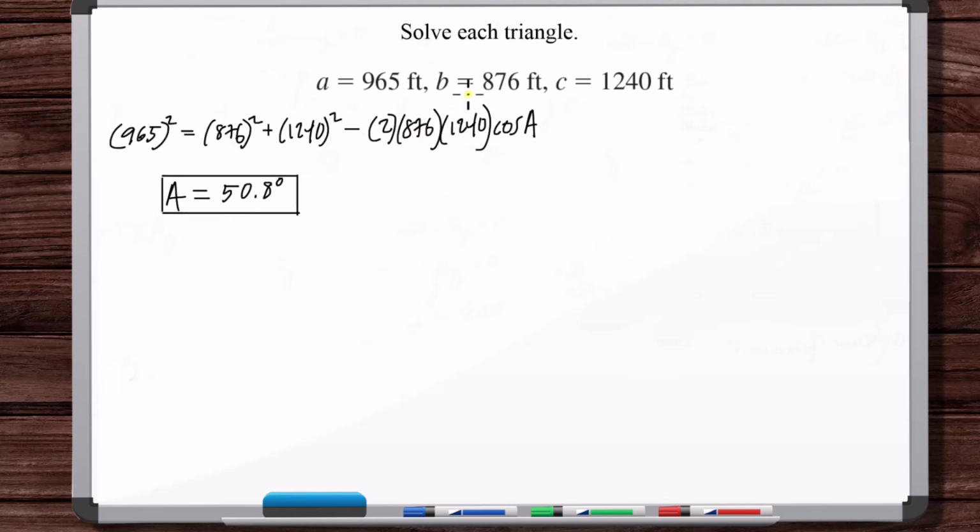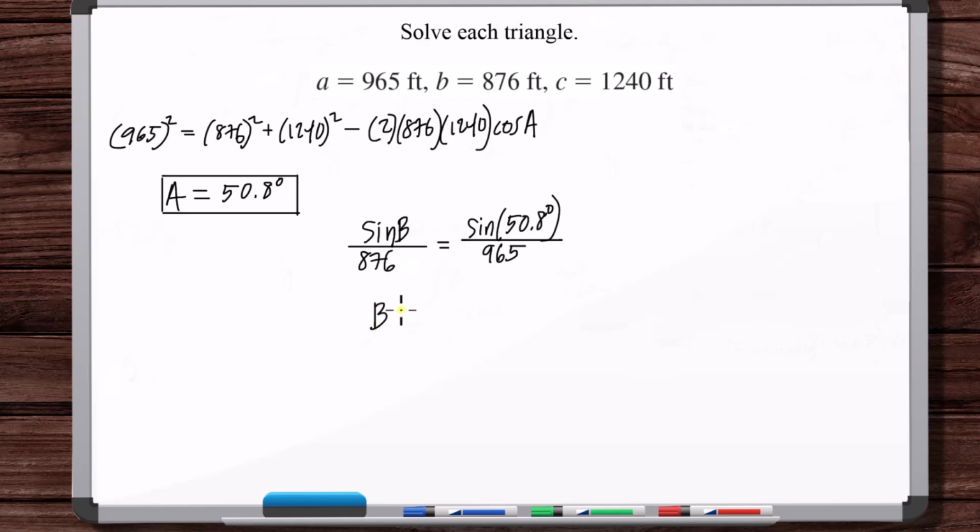Okay, now let's solve for another angle, but we need to choose the shortest side length that corresponds to this angle. So we're left with B and C, so we want to choose B. Sine of B over 876 is equal to sine of 50.8 degrees over 965.